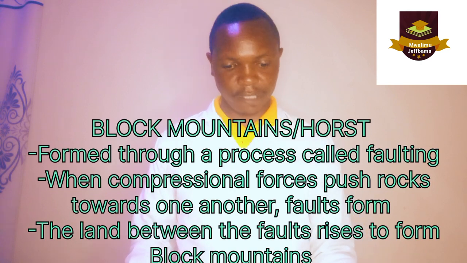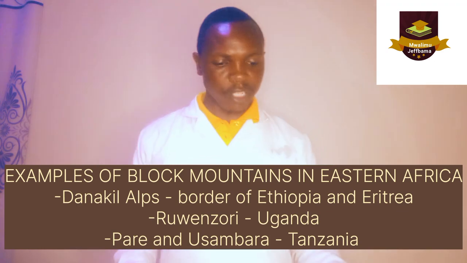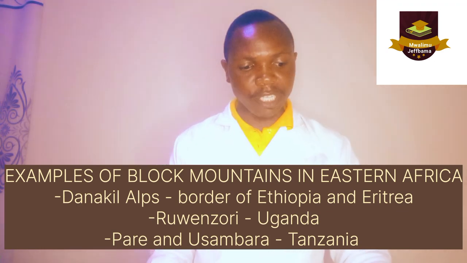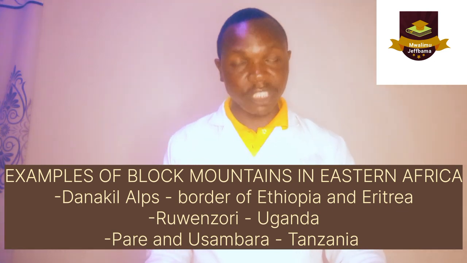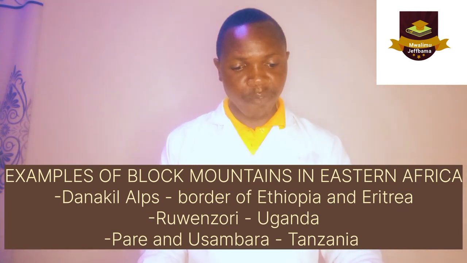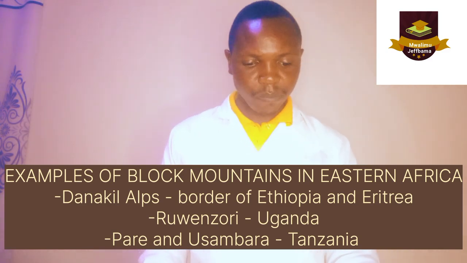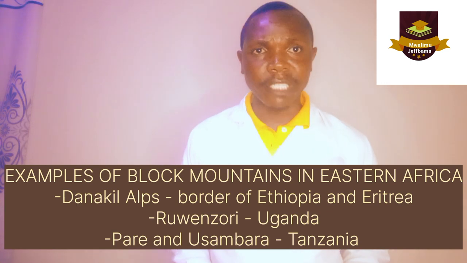block mountains. Examples of block mountains in Eastern Africa include the Nakil Alps, which is found in the border of Ethiopia. We also have Ruwenzori Mountains in Uganda. We have Pare and Usambara in Tanzania. There is also what we call formation of lakes.